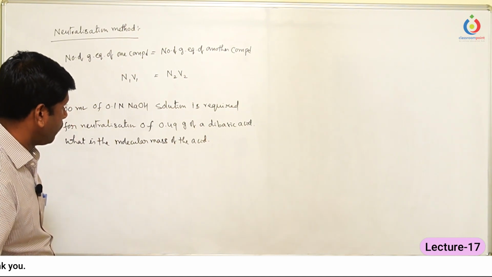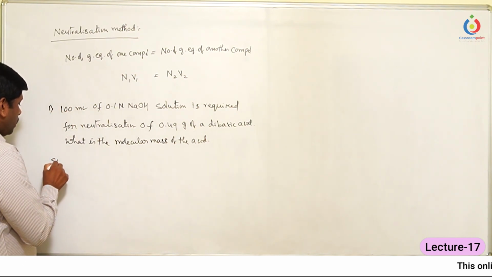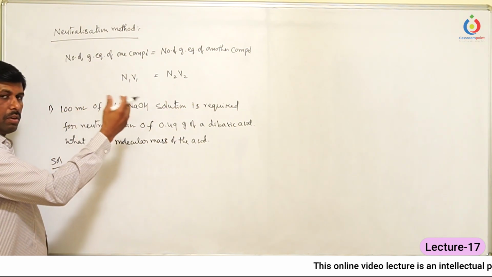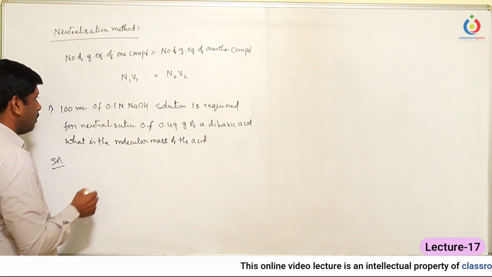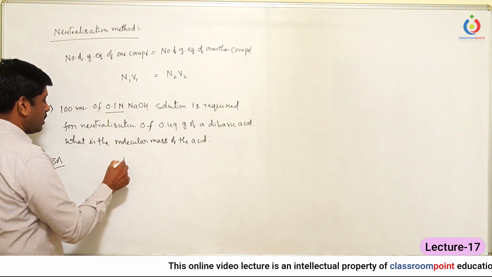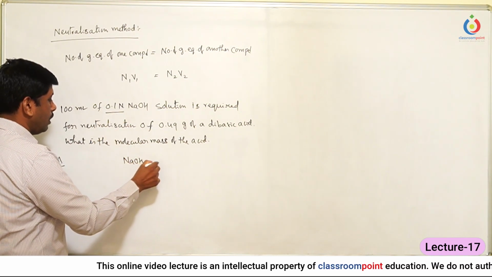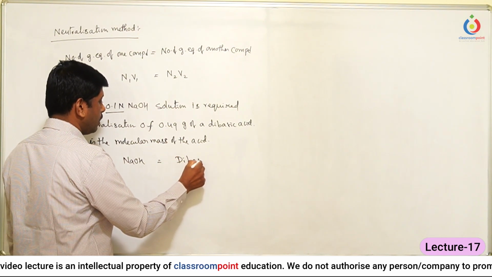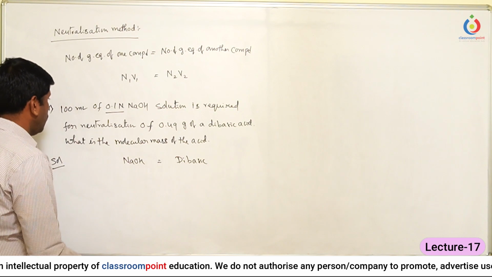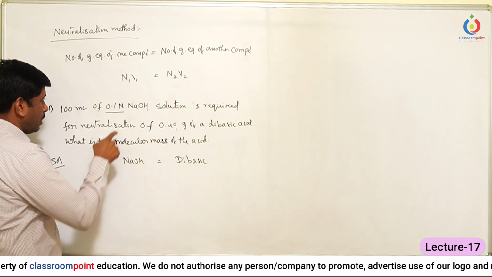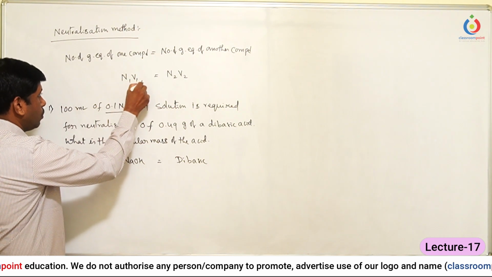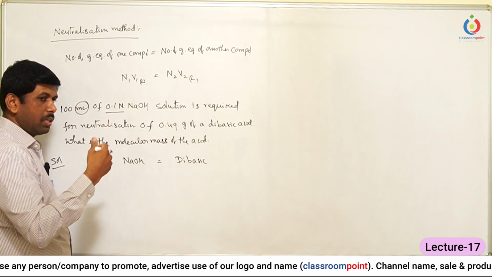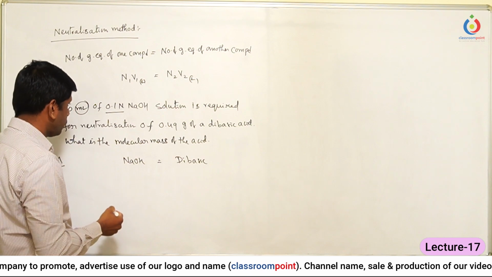So here again, the number of gram equivalents of one compound equals the number of gram equivalents of the other compound. So the number of gram equivalents of NaOH equals the number of gram equivalents of the dibasic acid. Number of gram equivalents is normality into volume in liters, but the value is given in milliliters, so milliliters divided by 1000 gives liters.